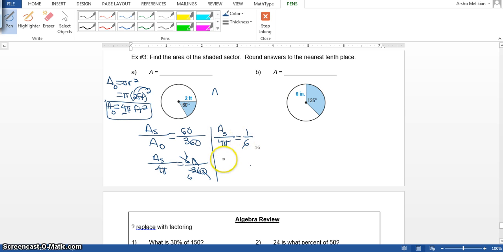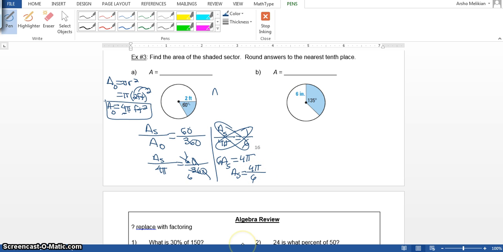Now, let's cross multiply. 6 times the area of the sector is 4 pi. Now, what's the area of the sector? 4 pi over 6.